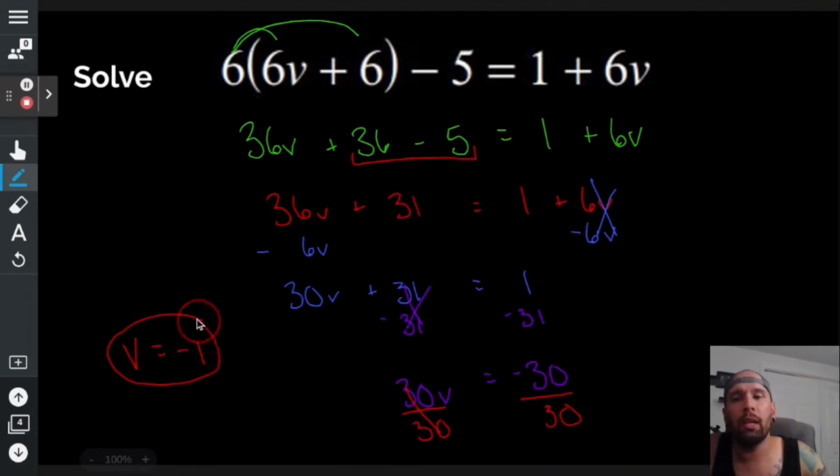So v is -1. If you had all the time in the world, you can plug -1 back in, and whatever math you do on the left side should be exactly the same thing you see on the right side, and you would get something like 12 equals 12 or whatever it may be. Okay, so that's solving the equation, variables on both sides of the equal sign, distributive property, bada bing.